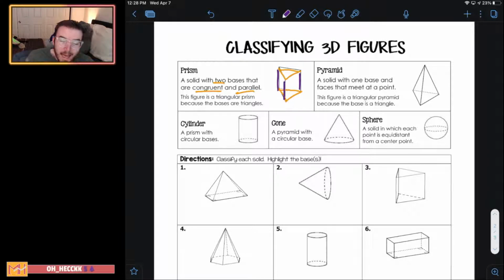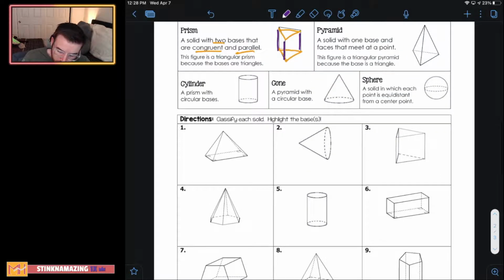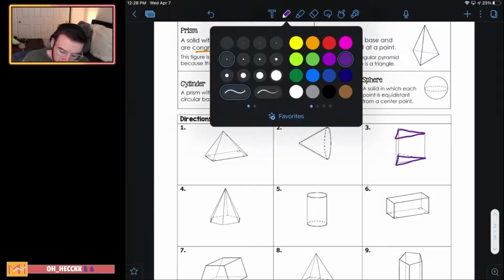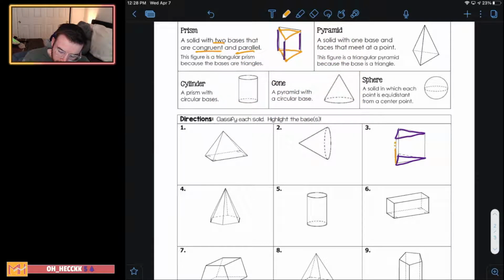That is a triangular prism, because two triangles are connected to each other, creating this three-dimensional shape. So when we connect these triangles together, we create a triangular prism.